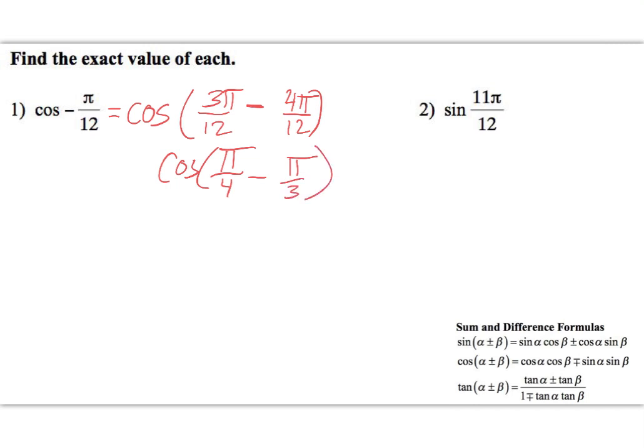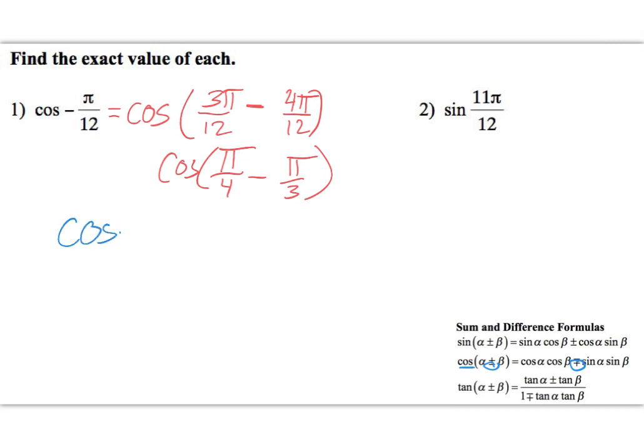Generally, these types of problems are going to be limited to things over 12 for dealing with radians, because we can write things in this way. So for cosine, I'm going to do cosine. This is a minus, which means it's going to be plus for my formula part.